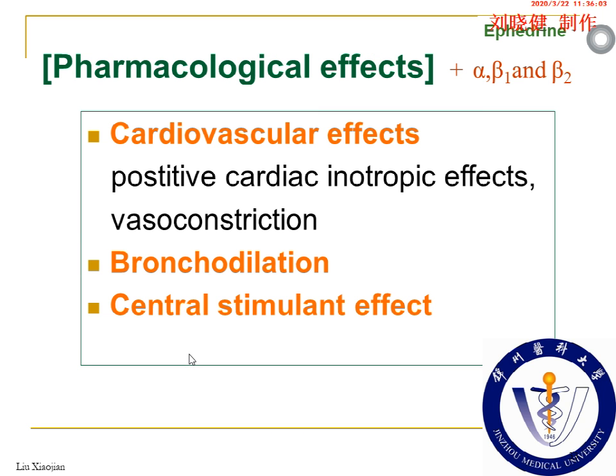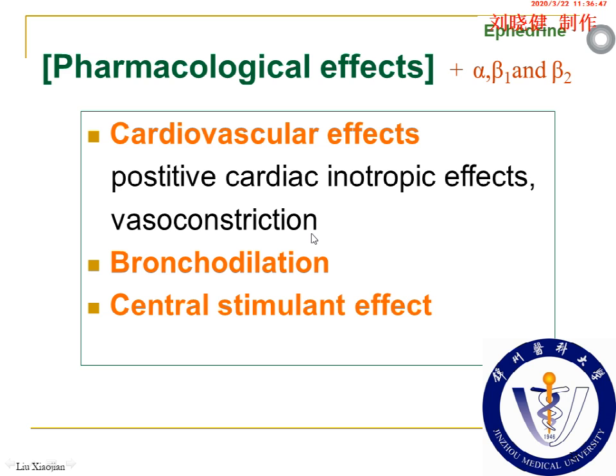Okay, clinically, the effects caused by ephedrine include cardiovascular effects because of beta-1 receptor, and alpha-1 and beta-2. It has positive cardiac inotropic effects because of beta-1. It induces vasoconstriction, especially in the mucous or cutaneous tissue. The induced vasoconstriction is relatively obvious.